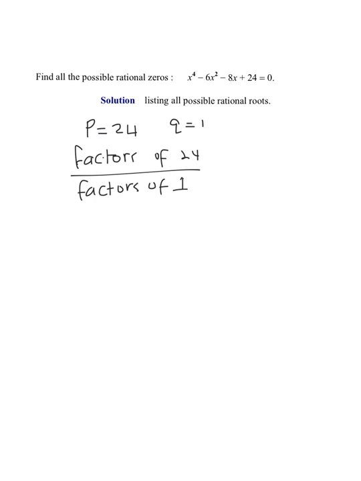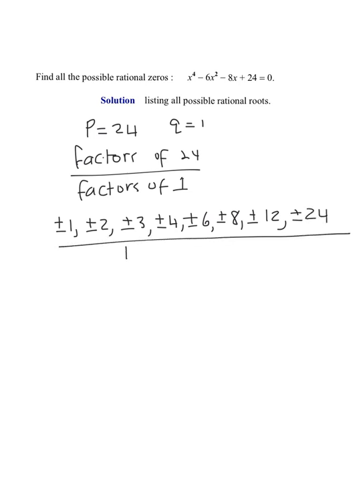The factors of 24 are plus or minus 1, plus or minus 2, plus or minus 3, plus or minus 4, plus or minus 6, plus or minus 8, plus or minus 12, plus or minus 24, and then we are dividing by plus or minus 1.